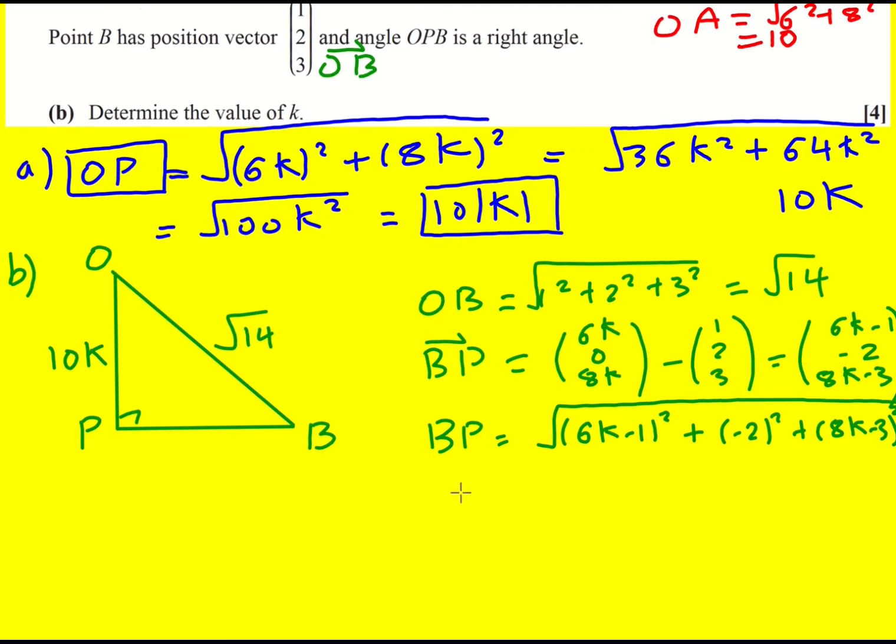We're going to simplify that. Remember, this is a double bracket, so 36K squared minus 12K, because we get a minus 6K twice, plus 1, plus 4, plus 64K squared, minus 24K twice, so minus 48K, plus 9.